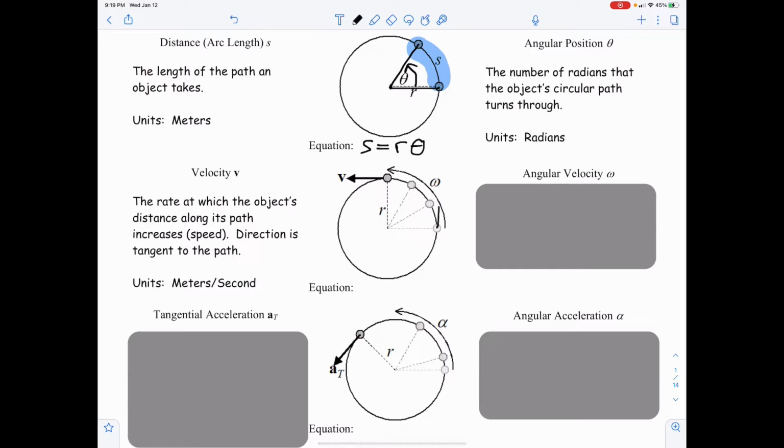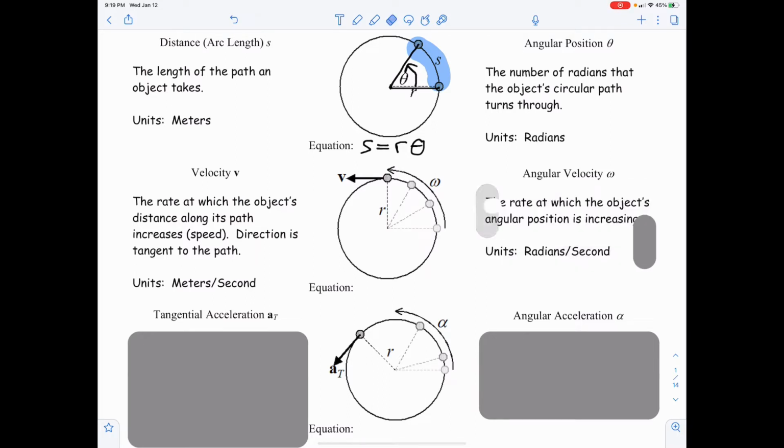The tangential or translational velocity is always going to be tangent to the path wherever that object is along the curve. Whereas the angular velocity is the rate at which the angular position, or theta, is increasing. It is how fast you are rotating. Velocity is how fast you're moving.